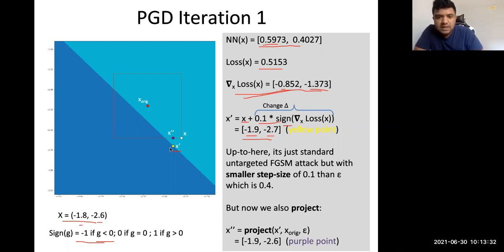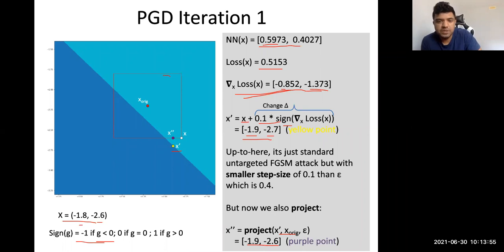As we can see, this is outside our box, and we want to project it back to the box because that's our constraint. We want it within this range. This is our L infinity ball. We project it back, and using our projection function, these are the coordinates we get.